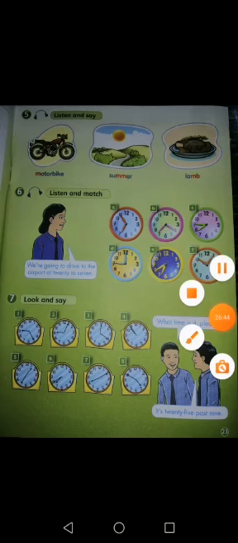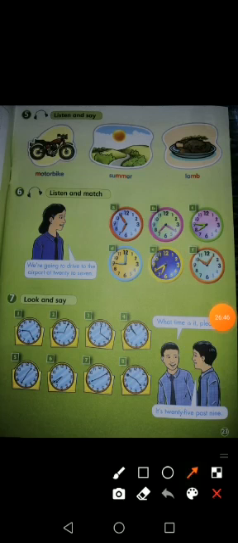6. We're going to see Dad at 7:45. He's going to enjoy Aqaba. Okay, 7:45. Right? It is 7:45. It is not a quarter past. 7:45.